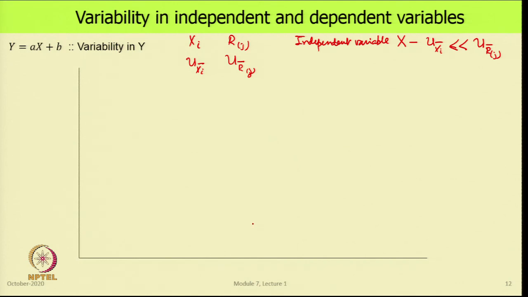So, we are saying that uncertainty in the independent variable is much less than that in the dependent variable.